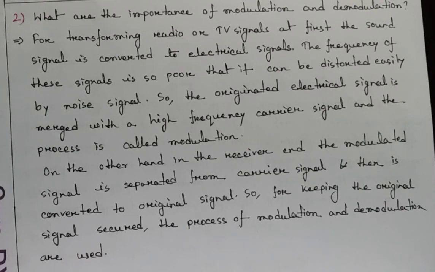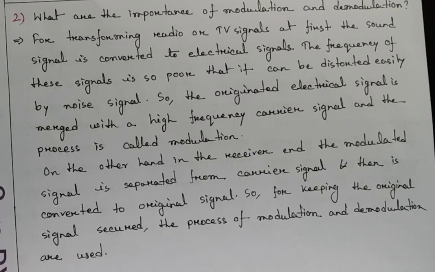So for keeping the signal secured, noise free, and for keeping the signal quality well, both the modulation and demodulation processes are used here. So I think you have known about modulation and demodulation, and you have to know different kinds of modulation in your higher studies or your next studies.